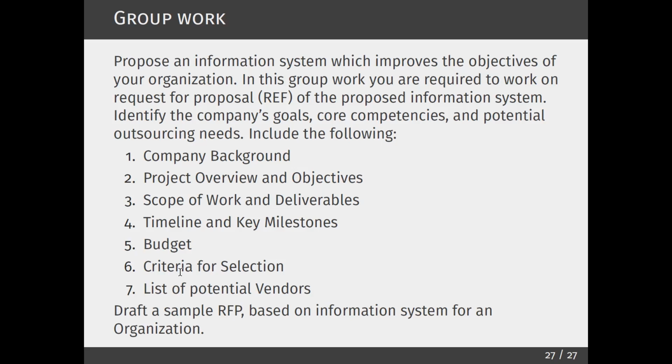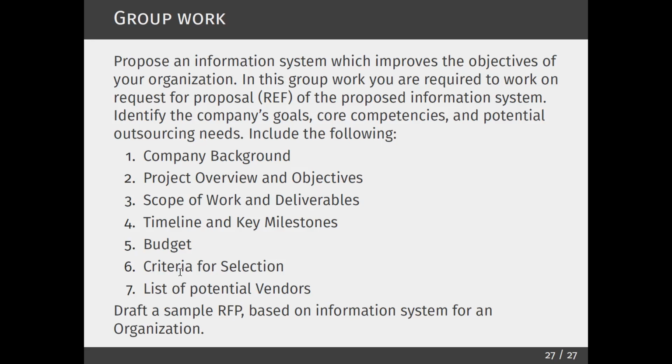So just to summarize the things that we have discussed, we mainly focused on outsourcing, especially the development of information systems and what needs to be thought about. So we started looking at all these different phases where we list our requirements, and also selection of vendors, and also implementation.